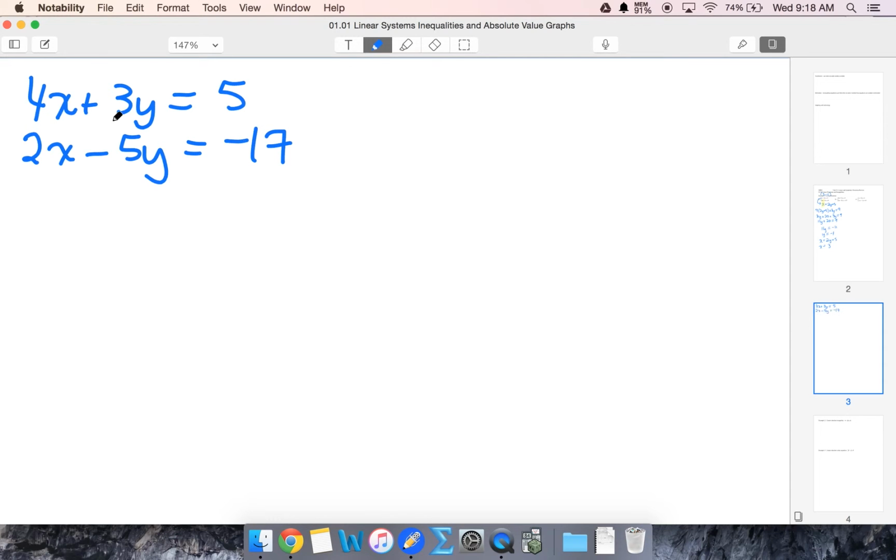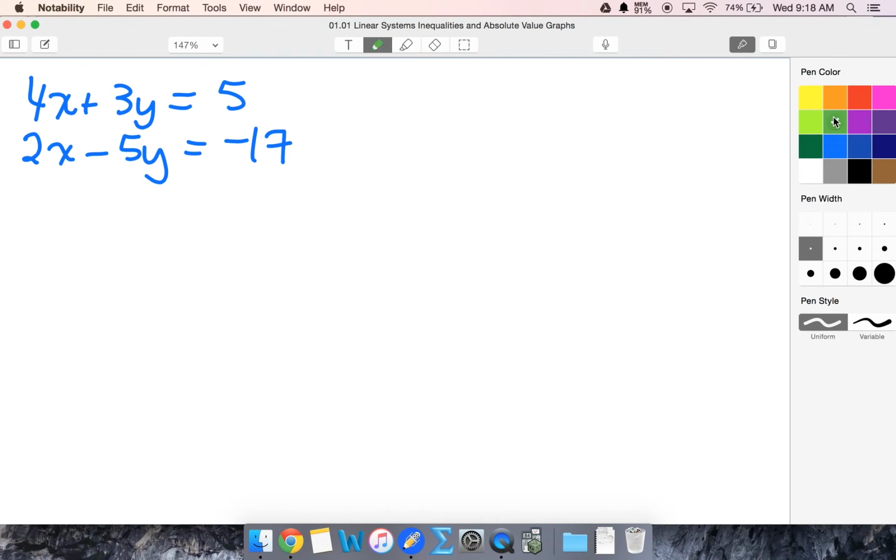So like I said, I'm going to take this equation and I'm going to double it. And when I double it, I have to double the entire equation. So I'm multiplying everything by 2. That's going to give me 4x minus 10y equals negative 34.